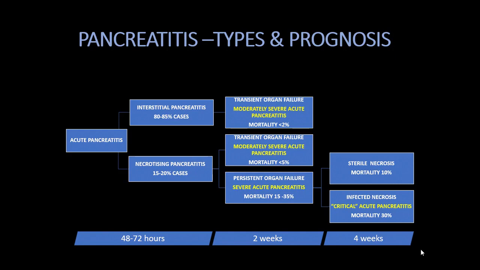They are further divided into sterile necrosis, where mortality is less, but if it is infected, the mortality is high, about 30%. It is also called critical acute pancreatitis. The lower panel suggests the duration of pancreatitis.